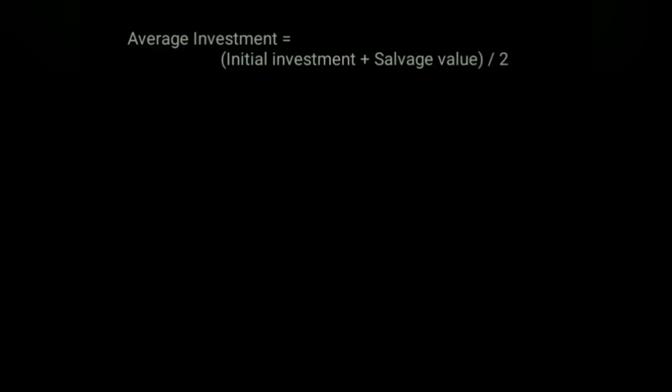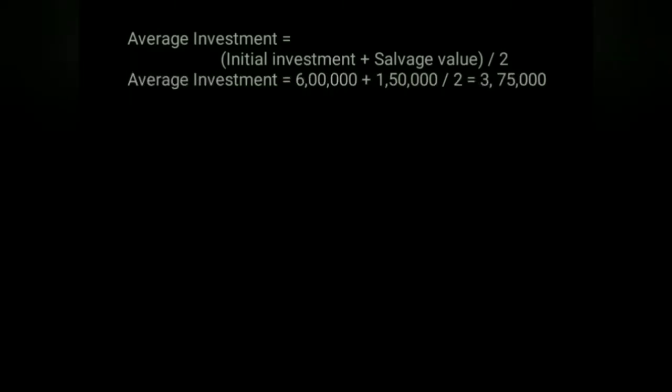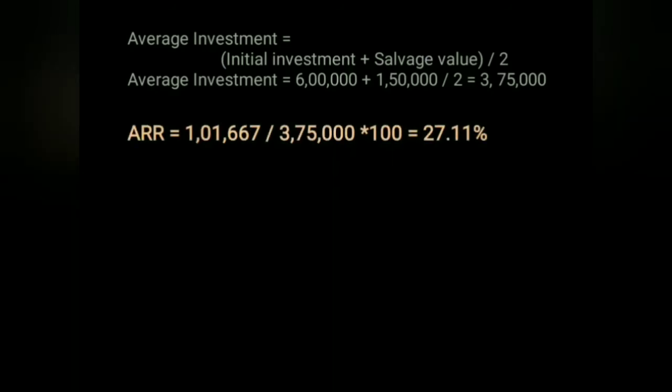Here the salvage value is given, so we have to total it with the initial investment. What is the initial investment? 6 lakh rupees plus salvage value 1,50,000 rupees, divided by 2, and we are getting the average investment as 3,75,000 rupees.